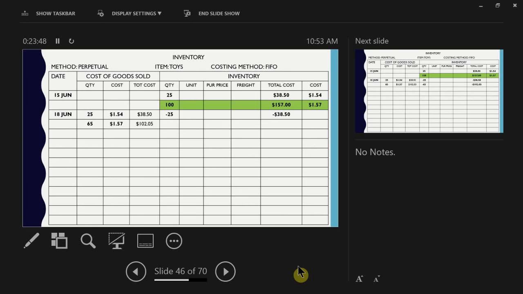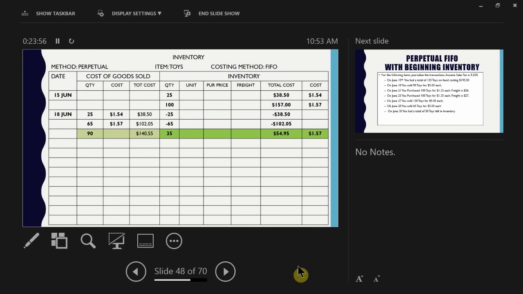$102.05. Which, once again, I'm going to update my inventory, subtract it out to give me now a green batch of 35 remaining, right? I went from 100, subtract 65 to give me a total of 35 items remaining.